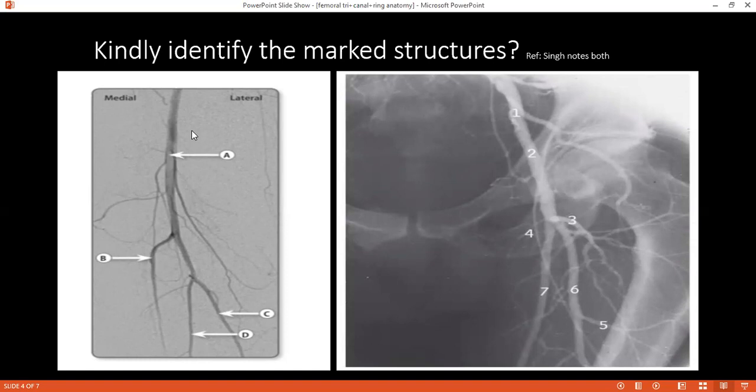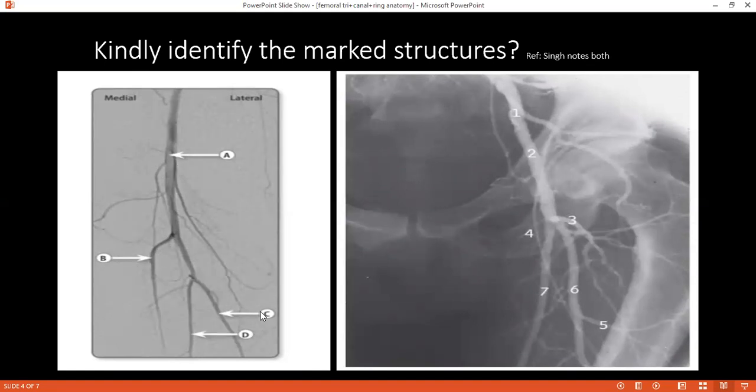In which conditions would you ask for this? In case of arterial injury. What is A? It is the femoral artery.